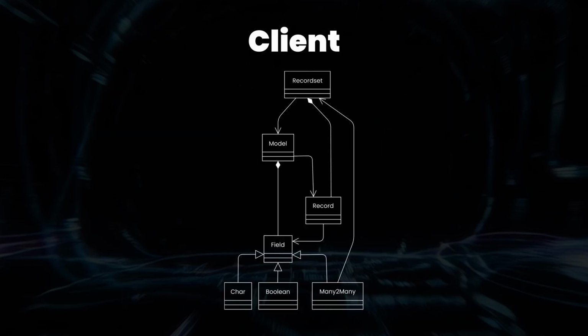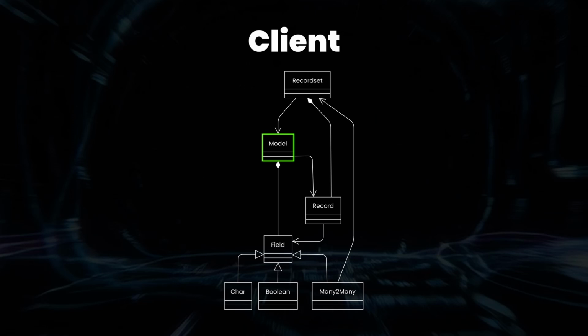Now, let's zoom in on the client side only. When you look at the structure, you'll see four main pieces: model, field, record, and record set. To really understand this design, it helps to think of it as layers of responsibility. First, the model. The model does not store actual data values. It doesn't know what the current record contains.